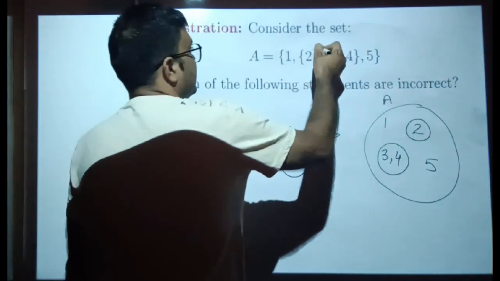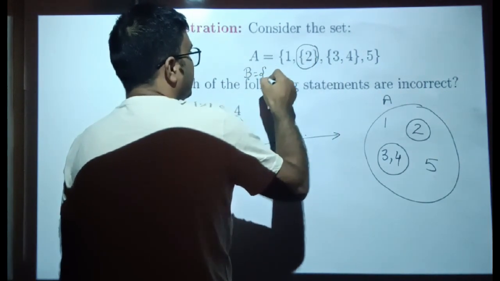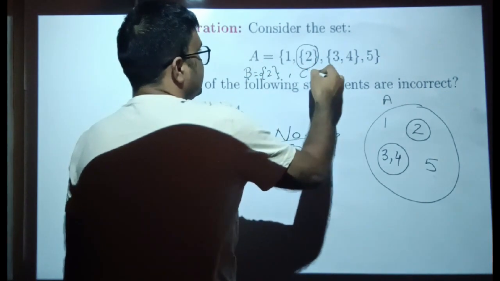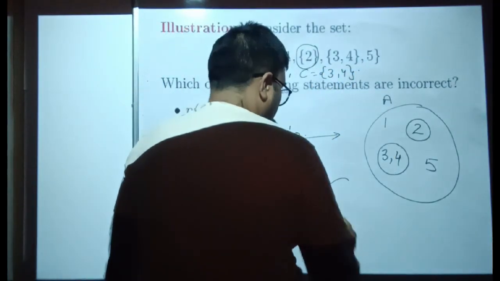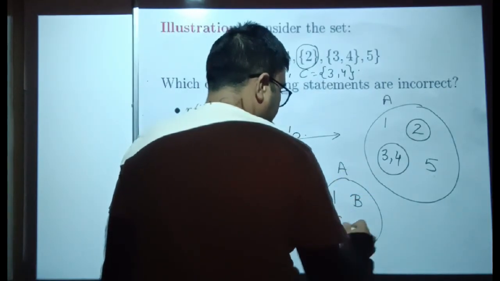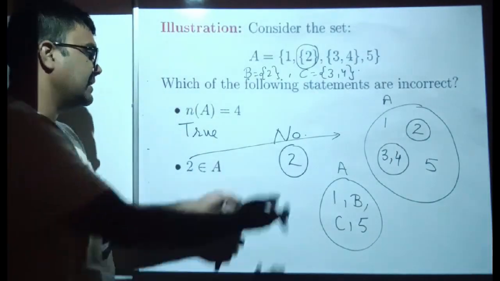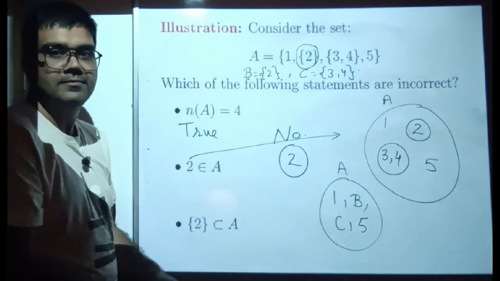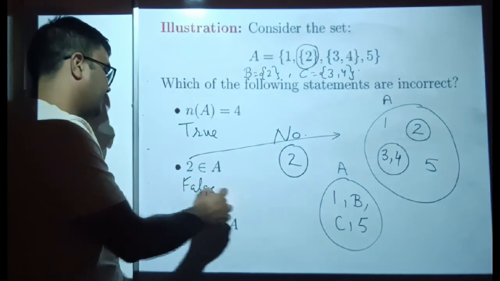If suppose in place of this I am writing B is equal to {2} and C is equal to {3, 4}, how will this set look? This is A = {1, B, C, 5}. These are the elements of this set. Is there any element 2 over here? No. So this statement is false.